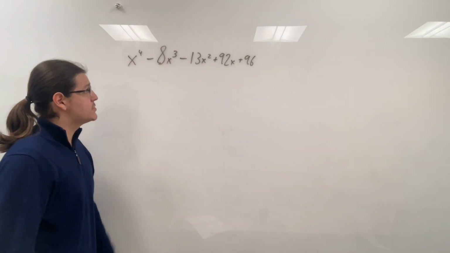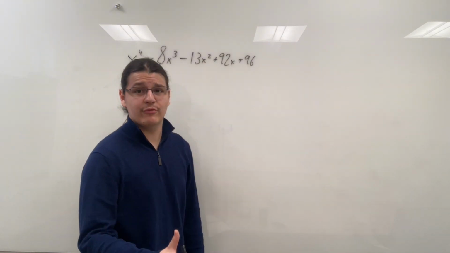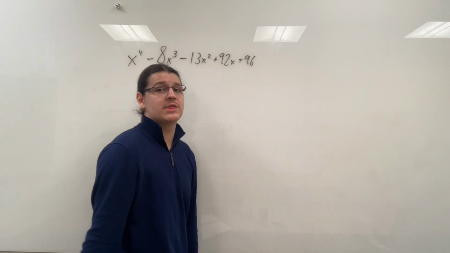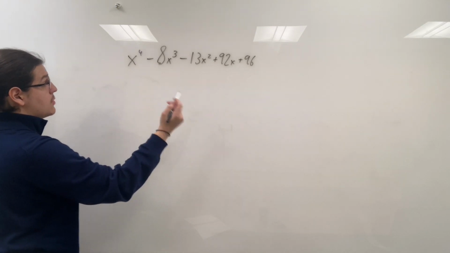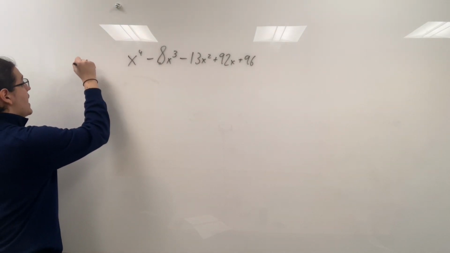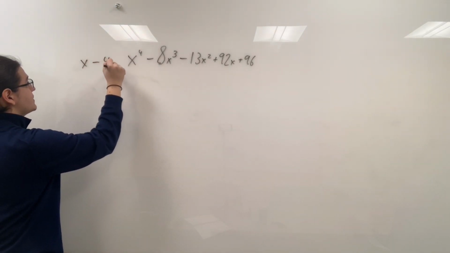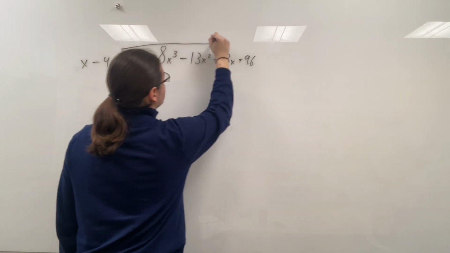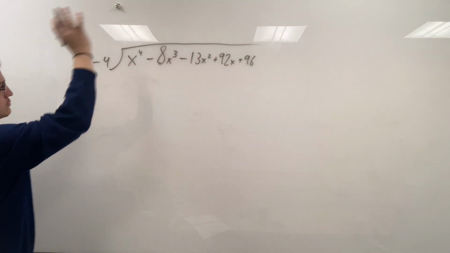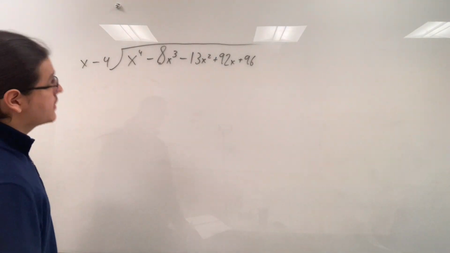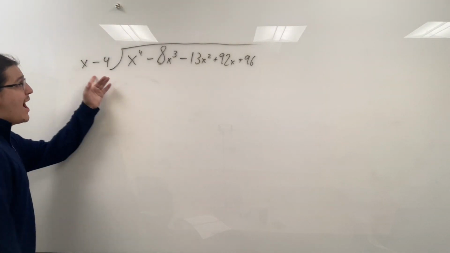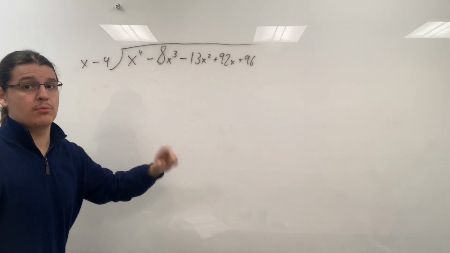So perhaps we can take out a negative 4, and then we will work with that. So the linear term we're going to be factoring by is going to be x minus 4. Cool. Just want to check that everything is right there. Okay, and now we can divide like we normally do.